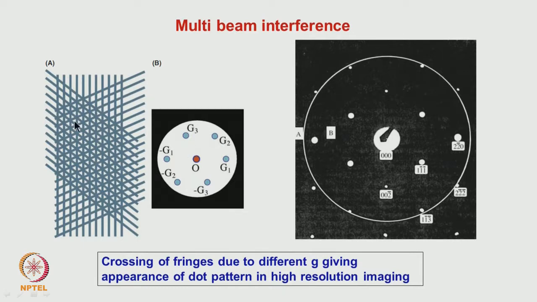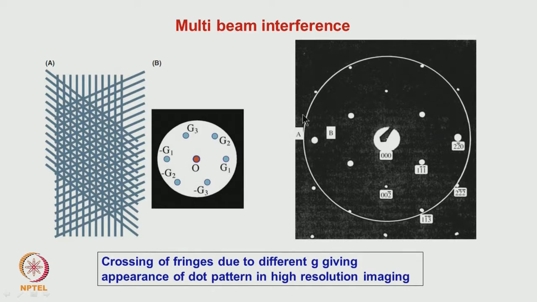When these fringes overlap on each other, it will give the appearance of a dotty contrast, but we should remember that this is not an atomic contrast. It is just the spacing between the lattice planes that is being given, nothing else beyond that.